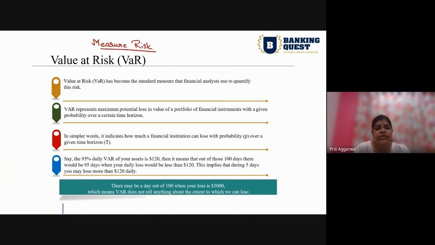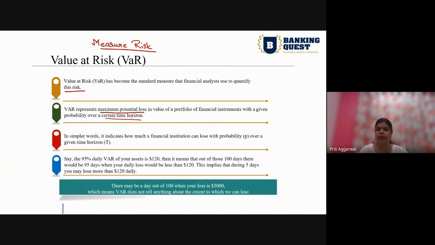Value at risk has become a standard measure that financial analysts use to quantify risk. So if I have to measure the risk, if I quantify the risk, I always go for value at risk. Now, what is value at risk, friends? Value at risk represents the maximum potential loss in the value of your portfolio or financial instrument with a given probability over a certain time horizon.